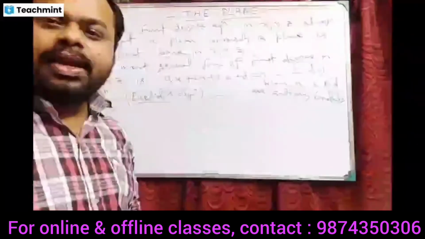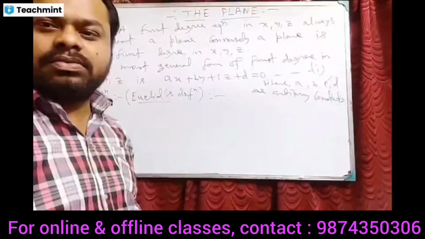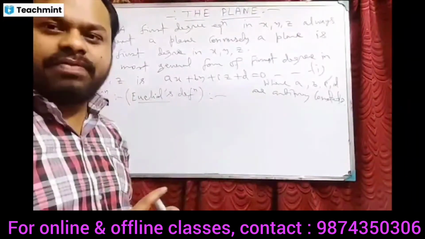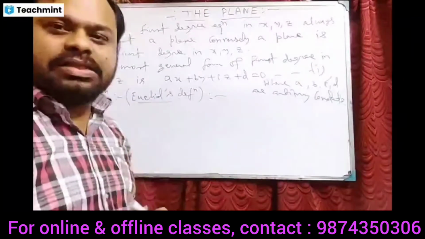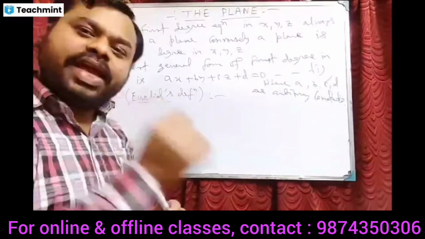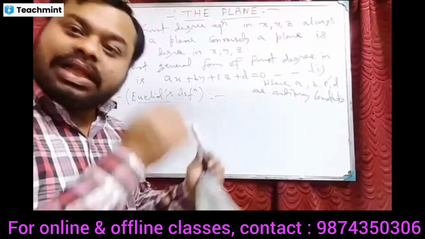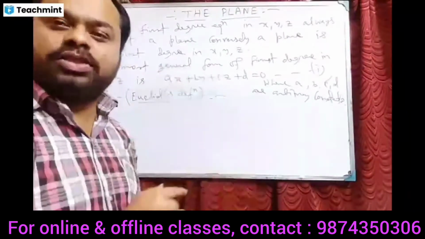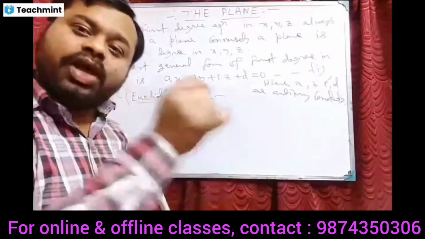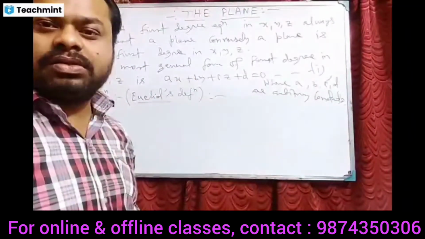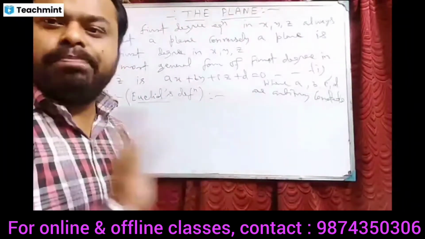A plane is a flat surface such that if any 2 points be chosen on that surface, the line joining these 2 points lies wholly on that surface, then the surface is called a plane.